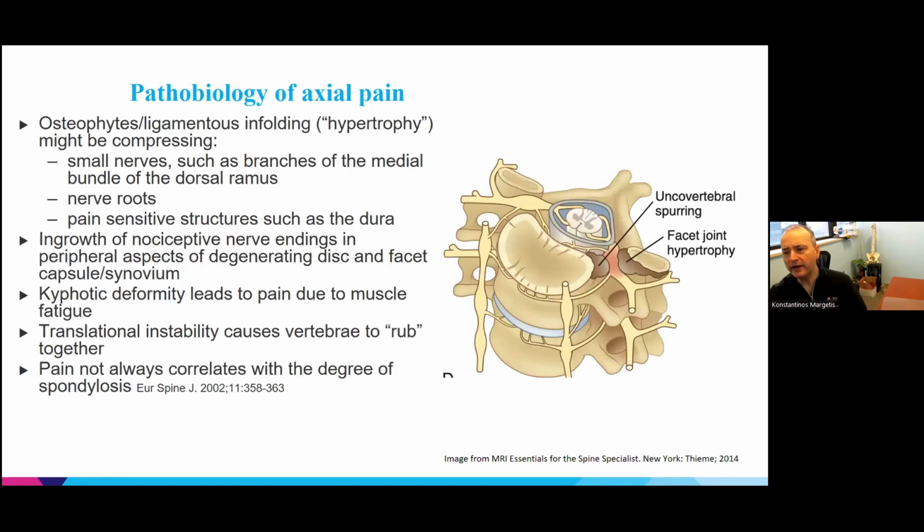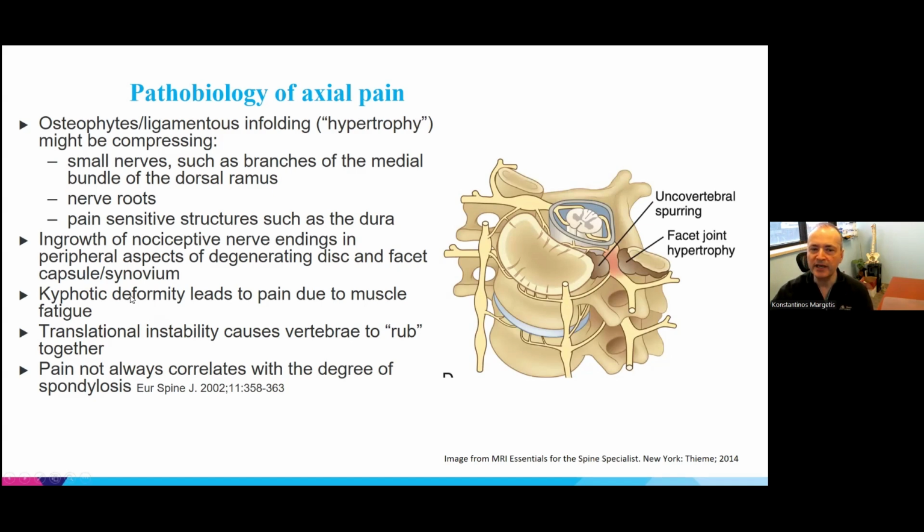In terms of the back pain or the axial pain, the pathobiology is that usually we have the formation of osteophytes, and that compresses the small nerves in the area. We also have some ingrowth of nerve endings in the areas where we have degeneration. This can also cause pain.